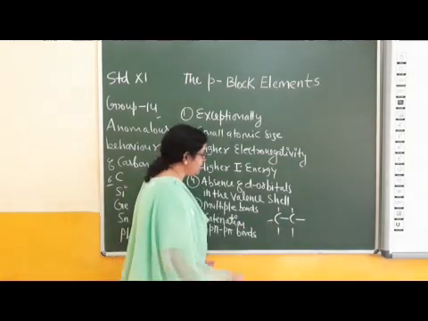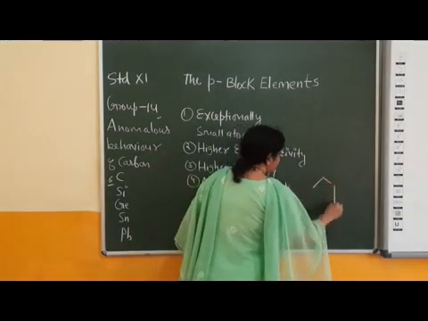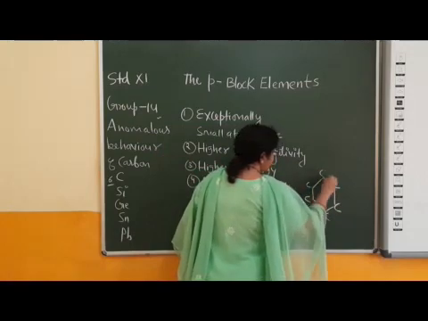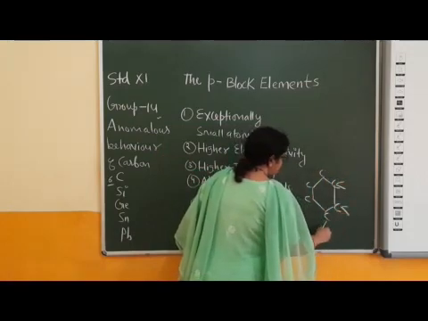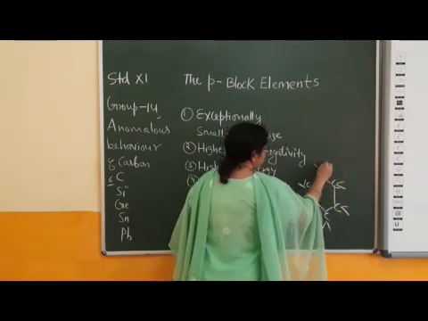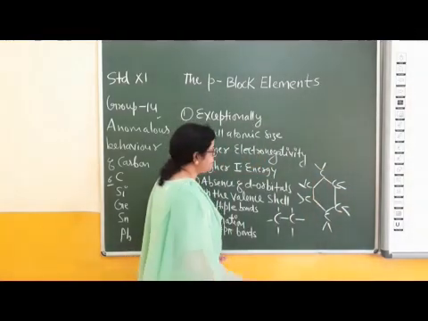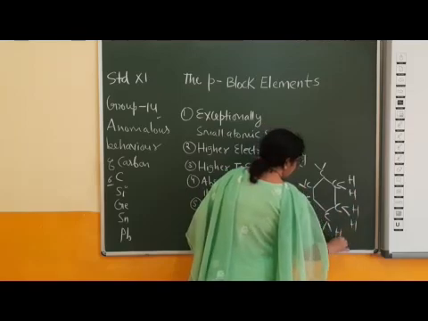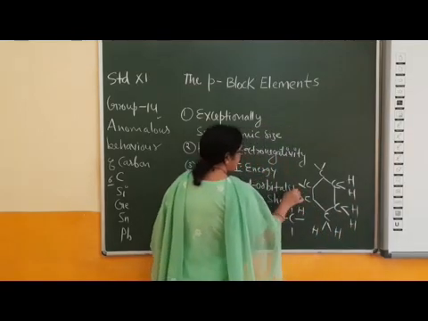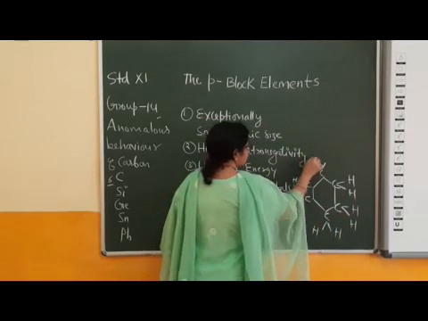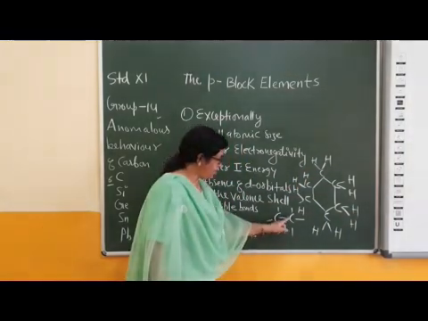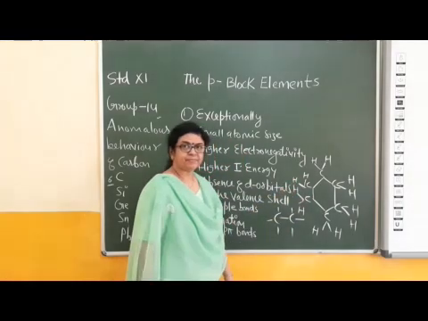Like in a cyclic compound, carbon to carbon with attachment of hydrogen atoms, each carbon attached with 2 hydrogens. This is cyclohexane, and the property is catenation.